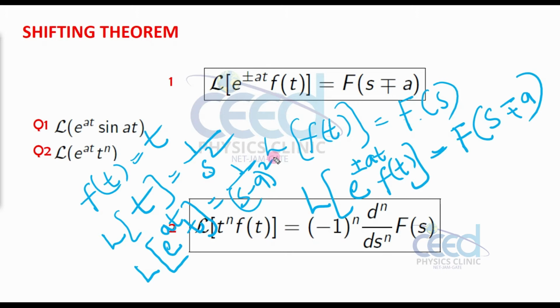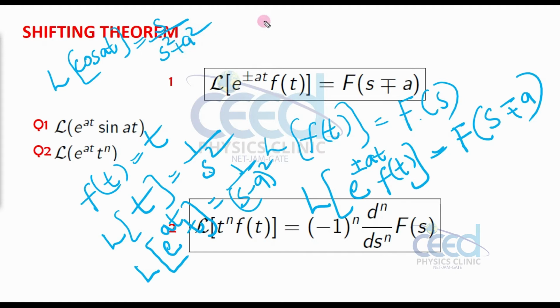Now let me take another example. Laplace of cos at we have discussed as s by s square plus a square.